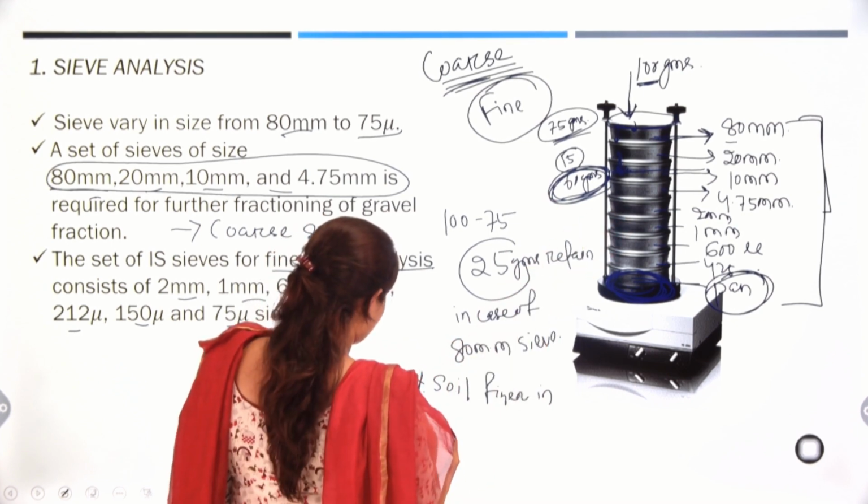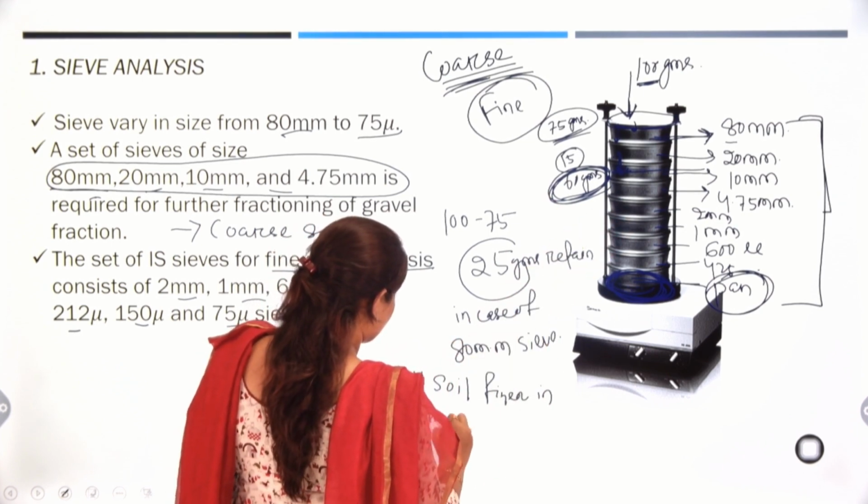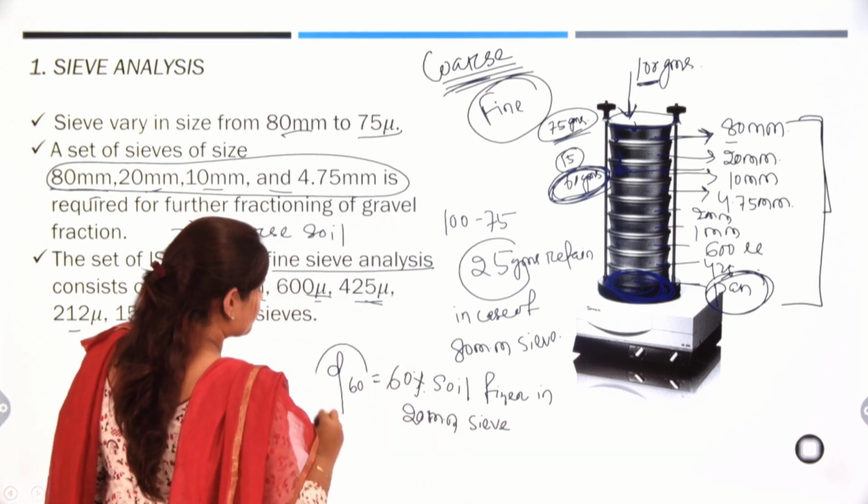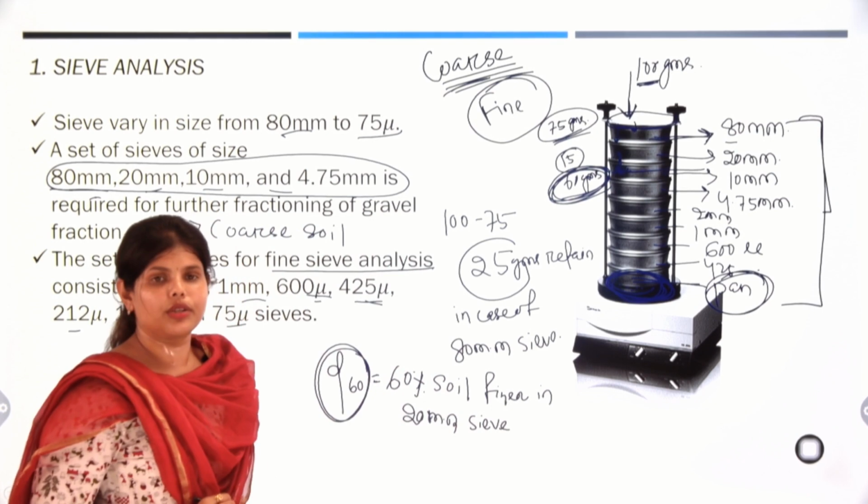In the 20 mm sieve. So we will get this D60 value.